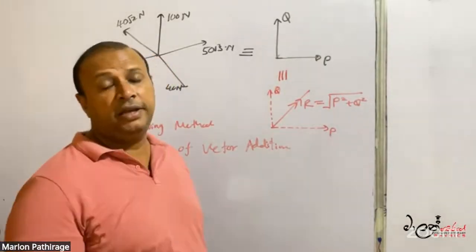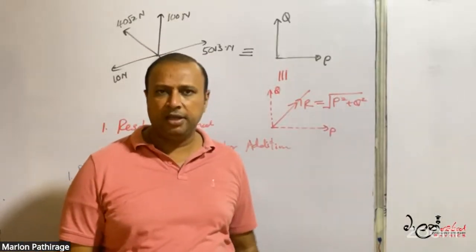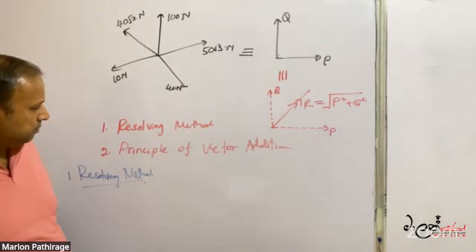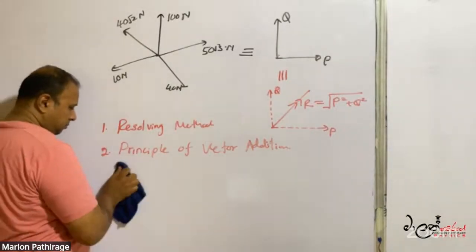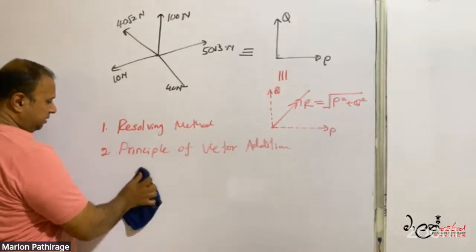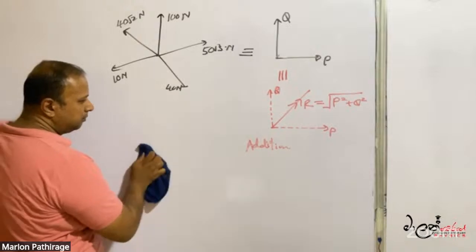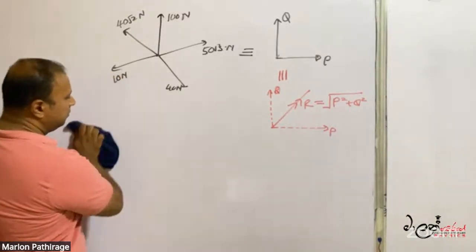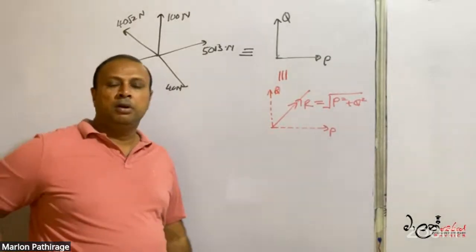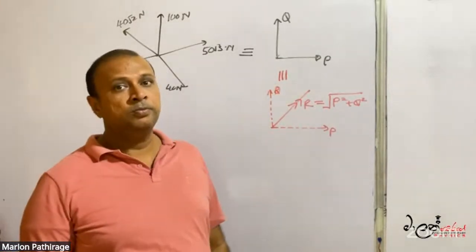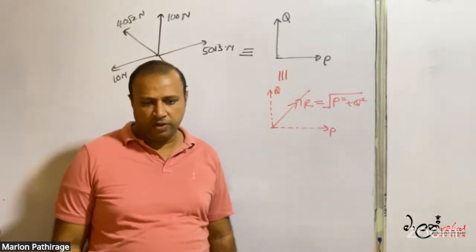Then we can take the resultant vector of those two vectors.